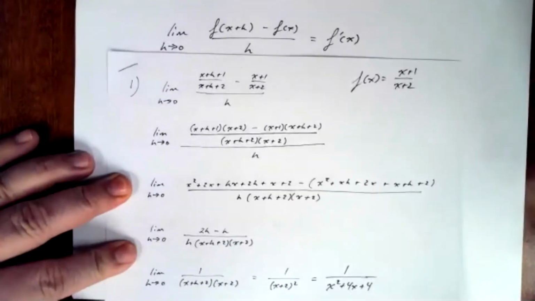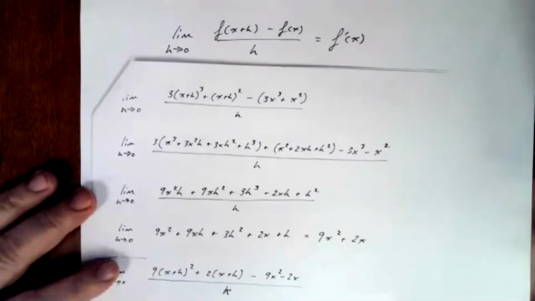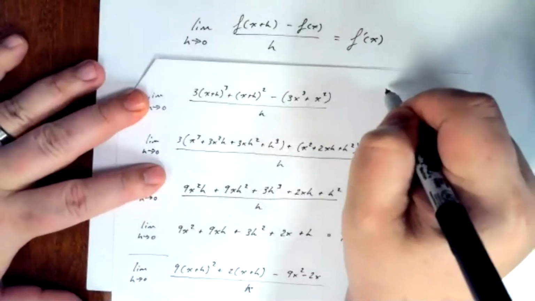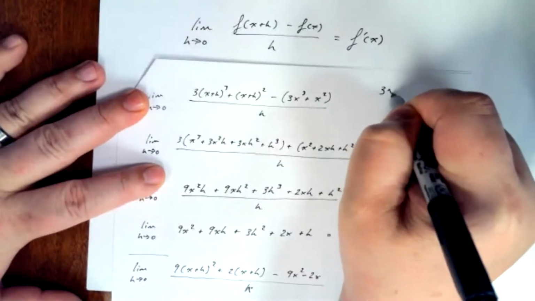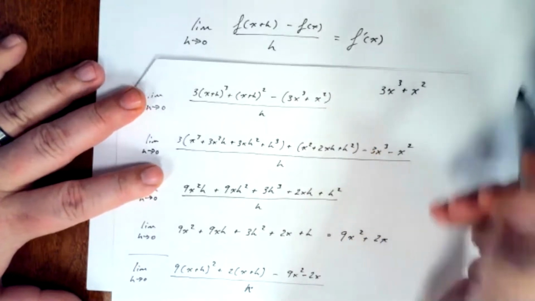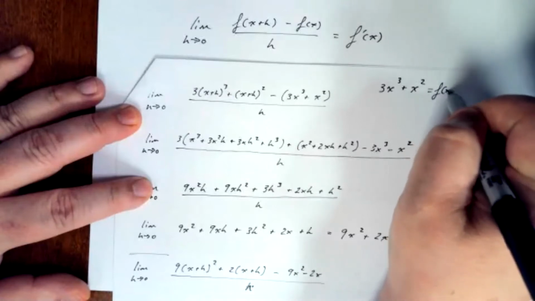All right. So now the second one, you had to find the derivative of the derivative. You had to find what is called the second derivative. Okay. So taking the function, which was 3x cubed plus x squared, and this was your f of x.